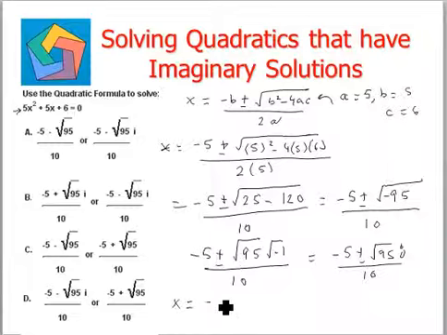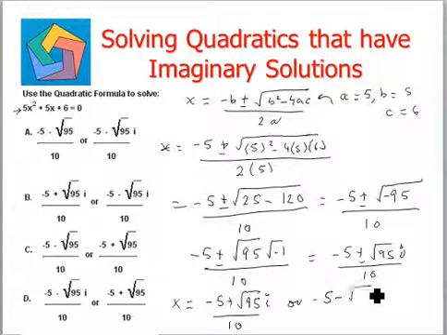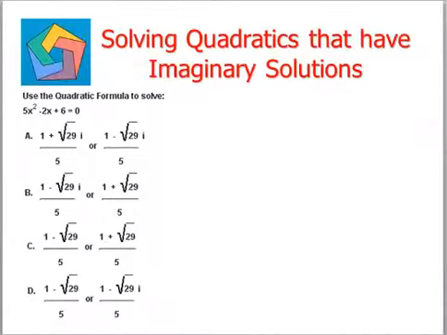Negative 5 plus square root of 95 i by 10, or negative 5 minus square root of 95 i by 10. This is our final answer and can be seen in option B. Let's move on to the next question.